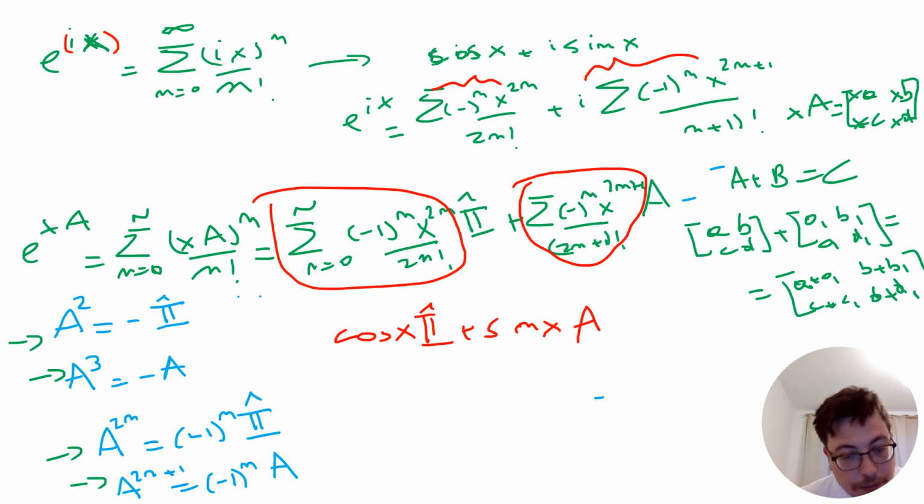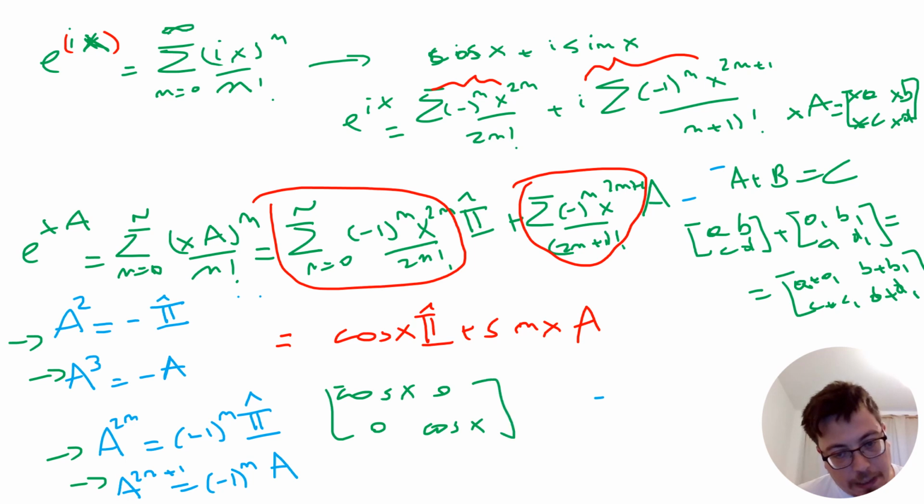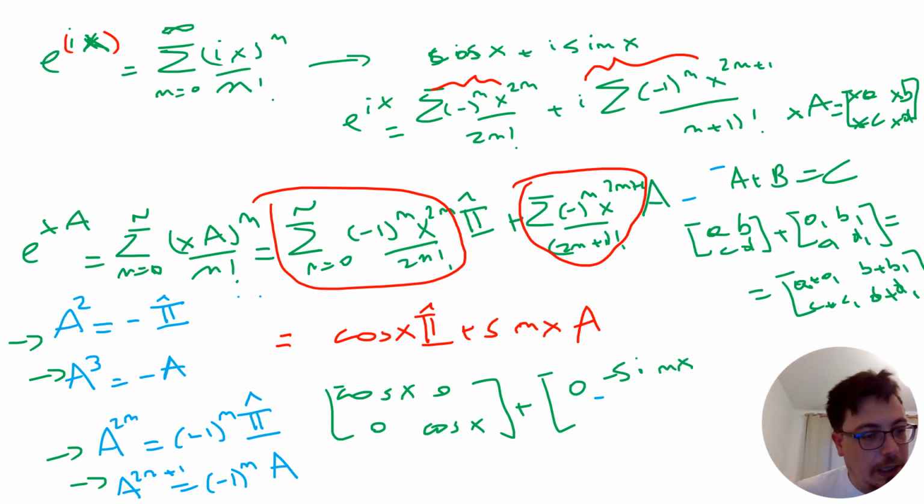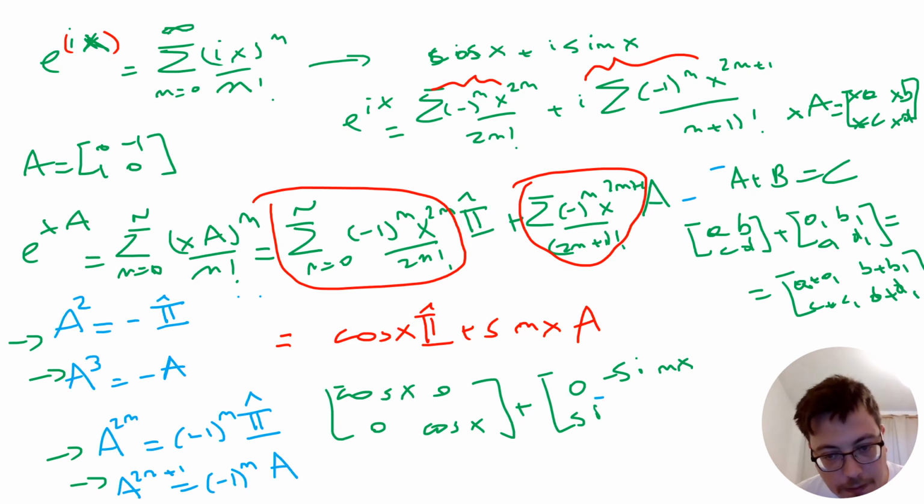So we do component by component the multiplication of a matrix by a number. So we get (cos x, 0; 0, cos x) for the first bit, plus we get (0, -sin x; sin x, 0), because remember A is equal to (0, -1; 1, 0).